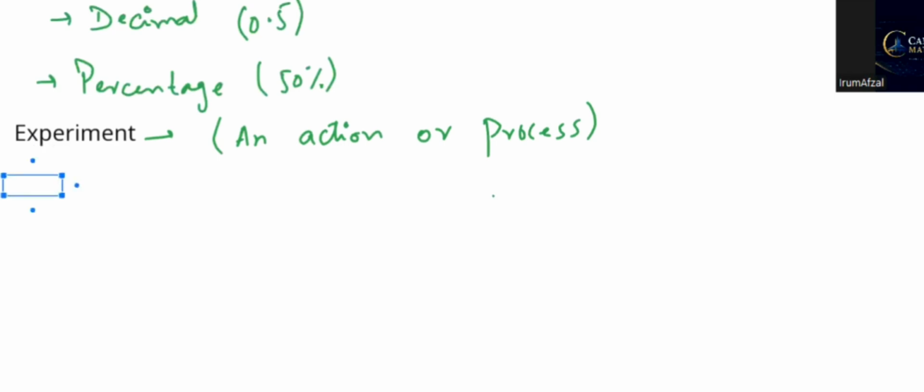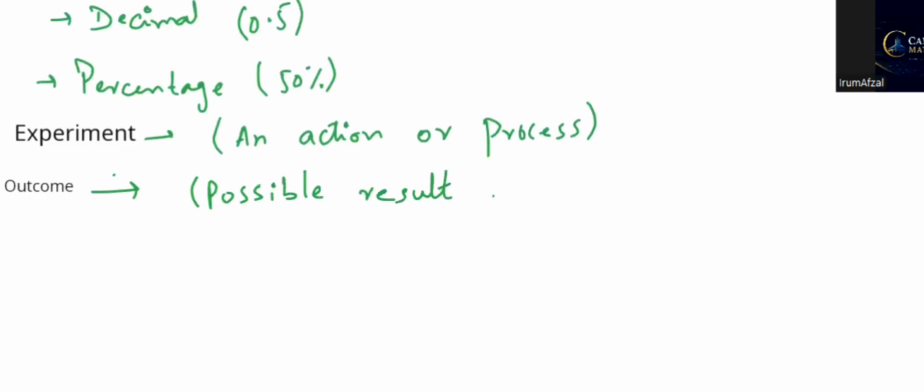These are the important terms; if you understand what these terms are, we can better understand the probability we are talking about. This is basically the possible result. The possible result is either we have 4 on a die or we have 3 on a die.